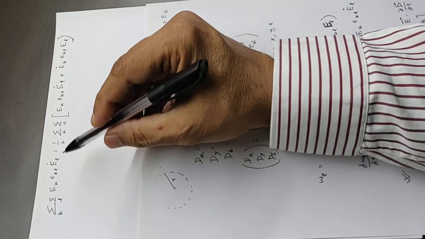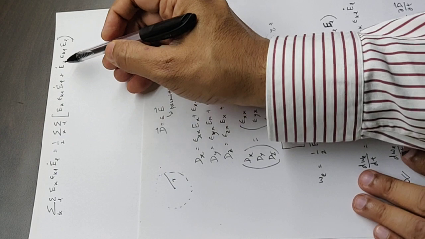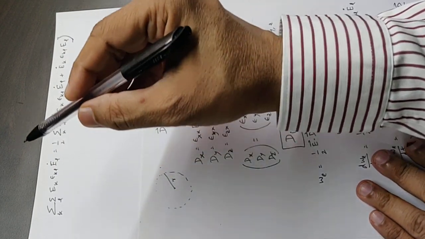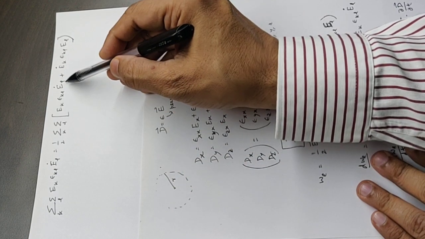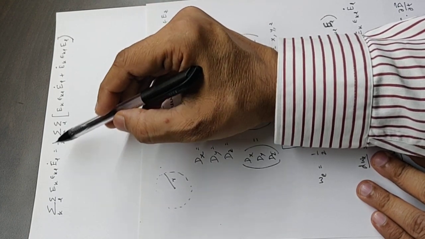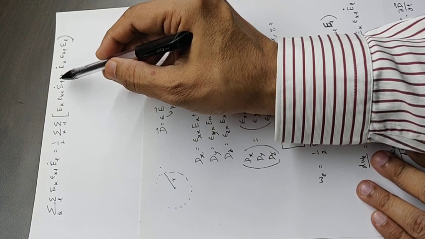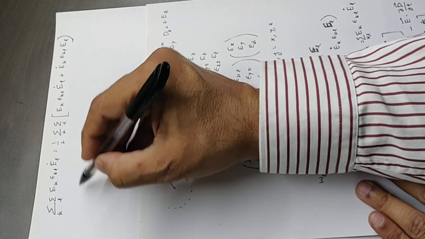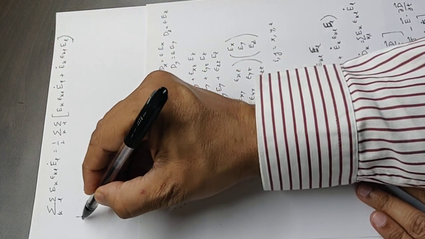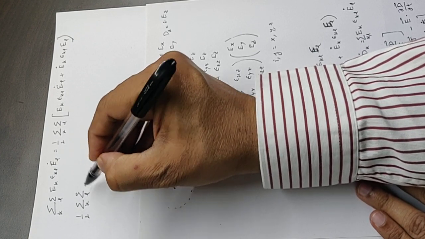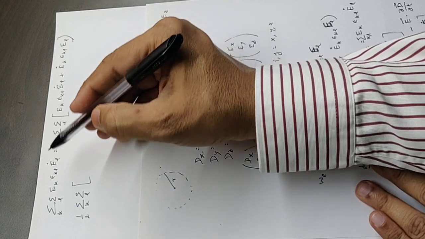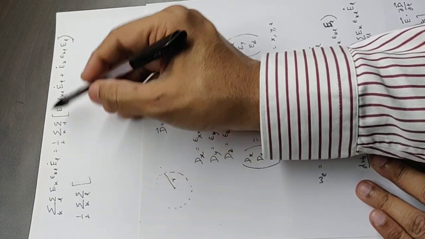Now if you compare these two, you can see Ek and EL dot, and here you have half. So if I take this one to this side, then I'm writing half epsilon summation over k, summation over L, and since this is half, it will become minus.